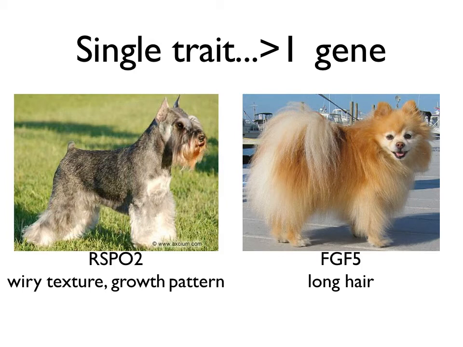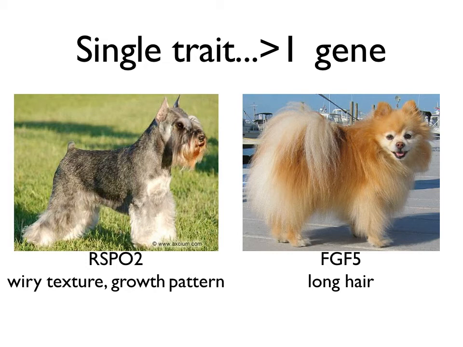So for example, this wiry texture of the Schnauzer on the left is due to this RSPO2 gene, which results in fast hair growth around the face, right? So they have these crazy eyebrows and whiskers and mustaches and beards. And they also have this kind of coarse, wiry hair.